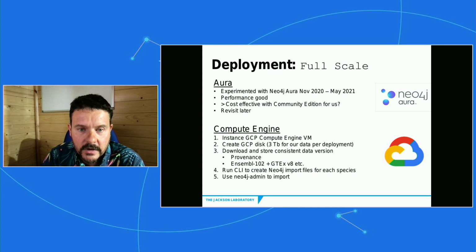So we looked at Aura, which is the cloud offering, but for that use case, it's not the best fit, right? It's more designed for concurrent users and things like that, whereas we don't have that many users. So we looked at running Community Edition on Compute Engine, and that was okay.